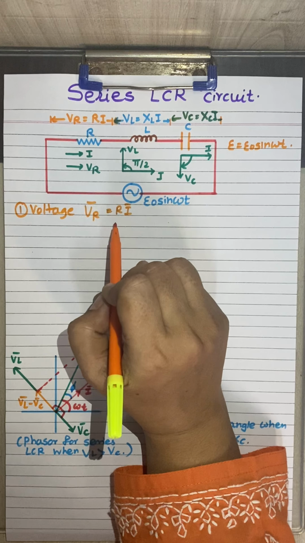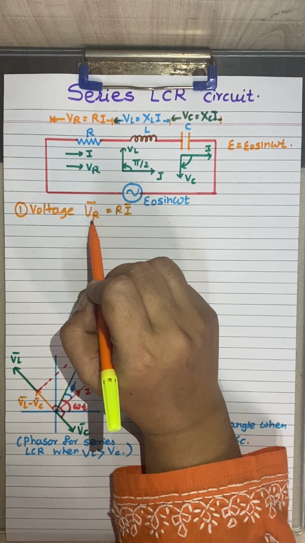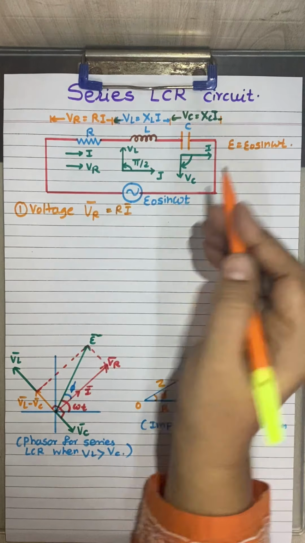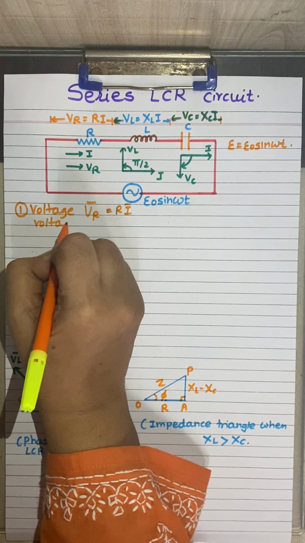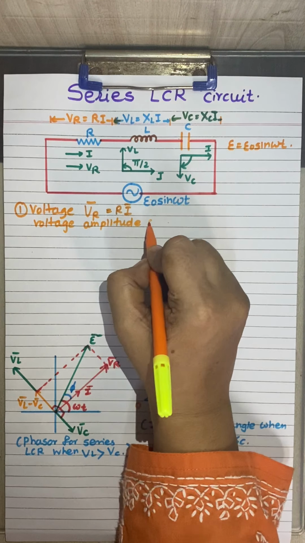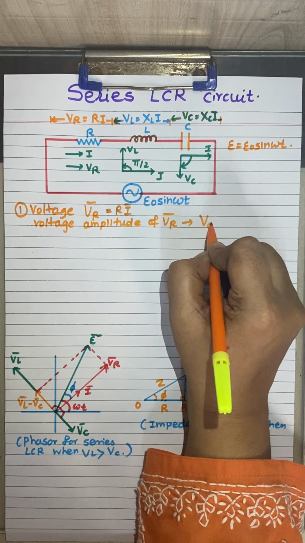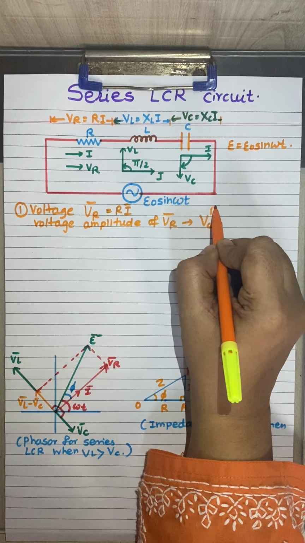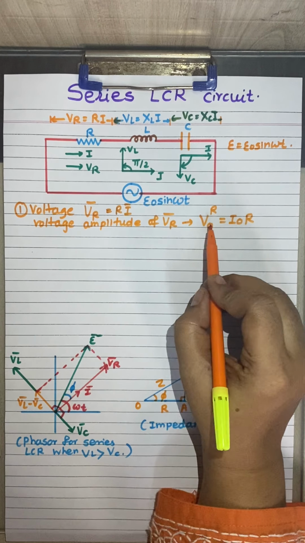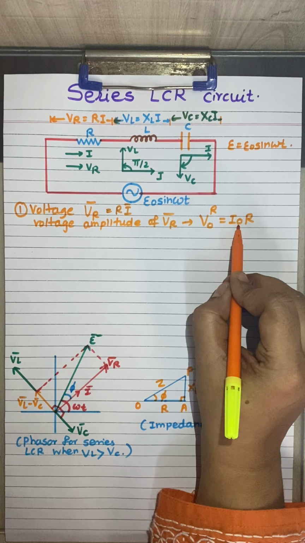Now what is the amplitude of VR? The amplitude of voltage across the resistance is nothing but the maximum voltage developed across the resistor, that is the peak voltage V naught R across the resistor R. It is equal to I naught into R, because when the voltage is at the peak value, obviously the current is also reaching the maximum value, I naught.